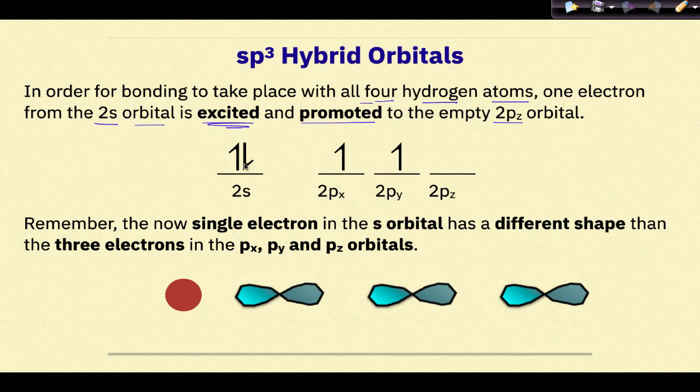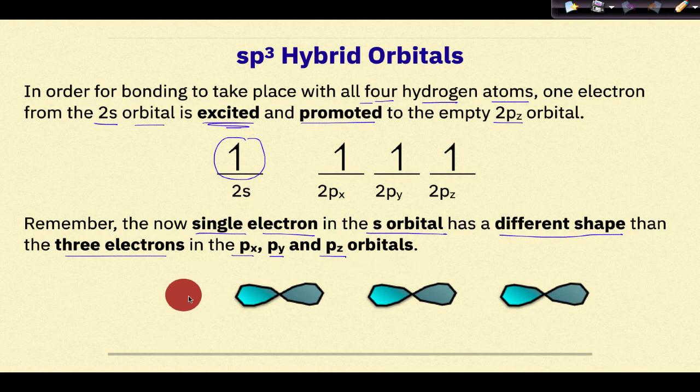So what occurs is one of the electrons in 2s gets excited and promoted and brought up to 2pz. Remember, the now single electron in the s orbital has a different shape than the 3 electrons in the px, py, and pz orbitals.